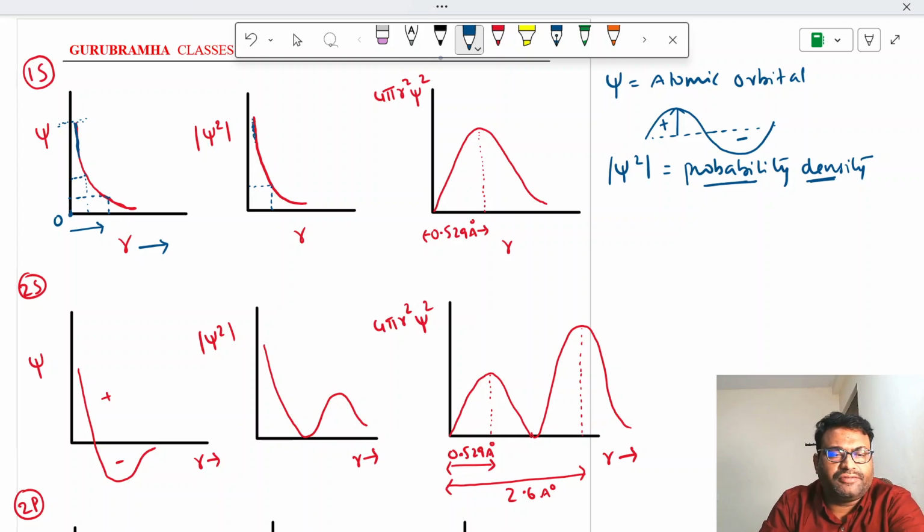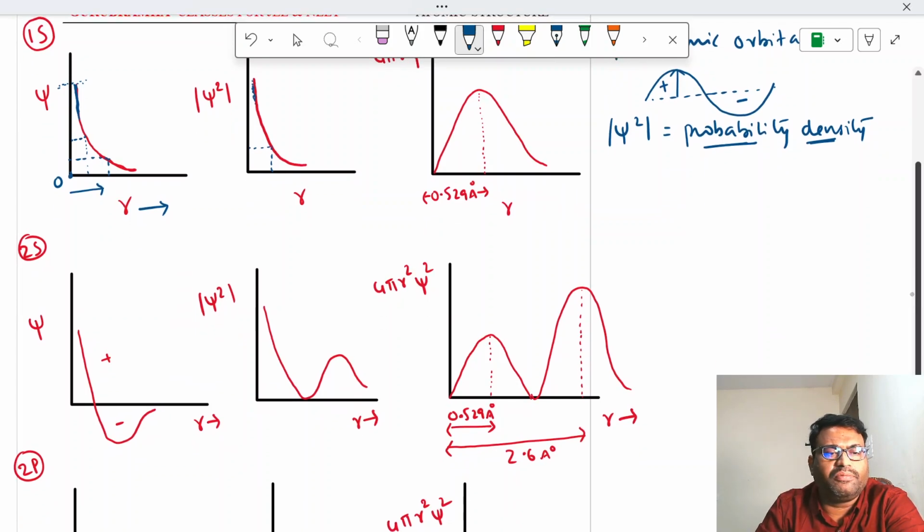Now let us look at the 2s orbital. Very close to the nucleus, no doubt, there is more probability of finding the electron. But as the distance from the nucleus increases, the probability decreases, and at a particular distance from the nucleus the probability is zero.